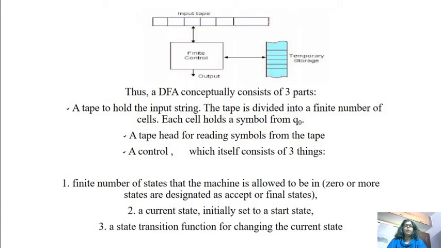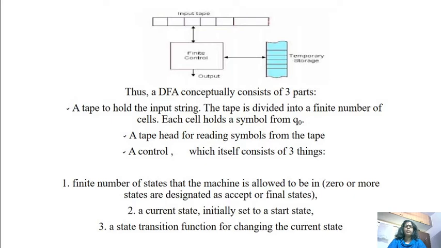A tape holds the input string. The tape is divided into a finite number of cells. Each cell holds a symbol. Okay, the tape head is for reading symbols from the tape.